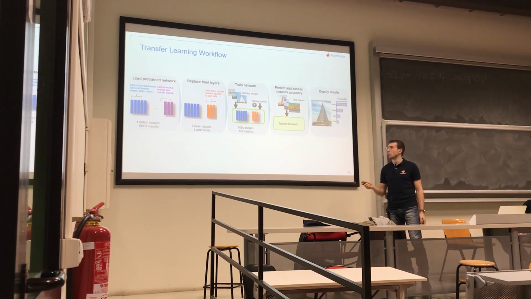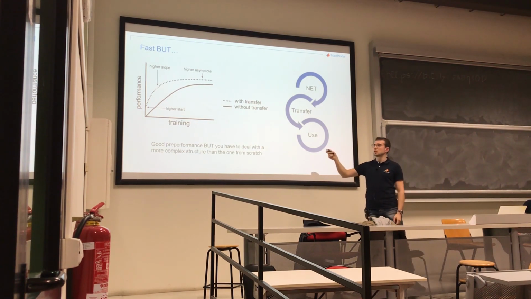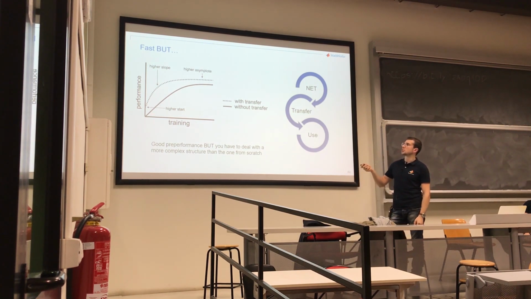Okay. So, what does it mean in practice? We can see here performance and training. If we use this approach, we start from a higher point. So we no longer start from zero, but we start from something that does work. And we get a steeper learning curve, so we learn better. And then we go to a higher asymptote.